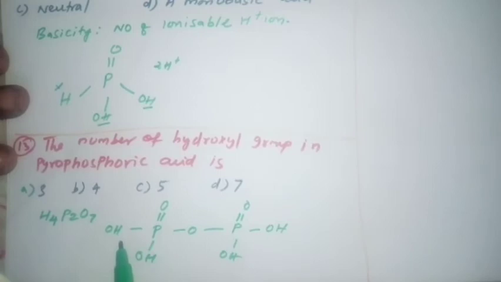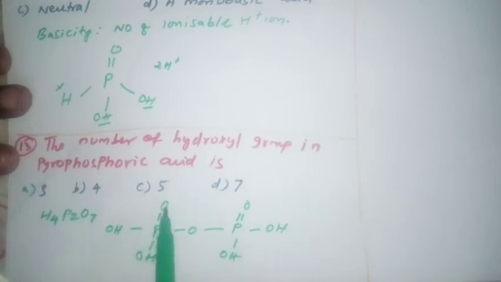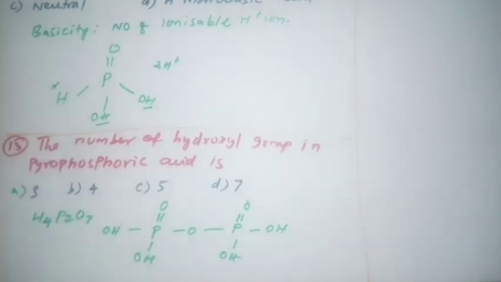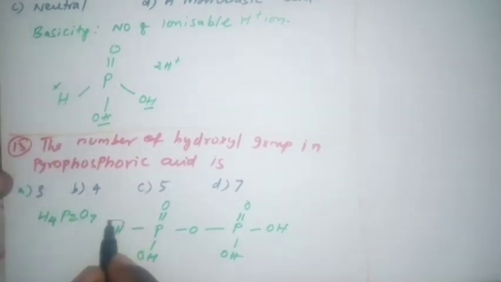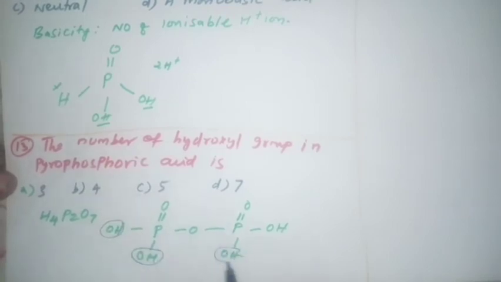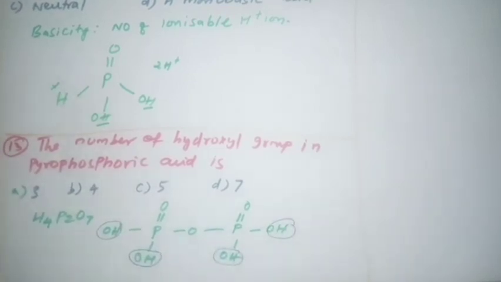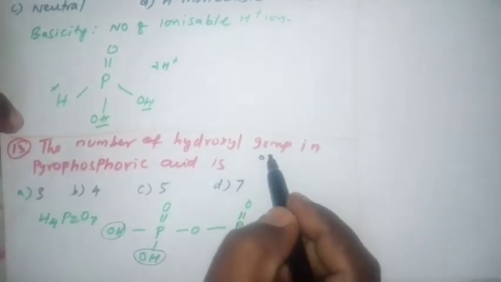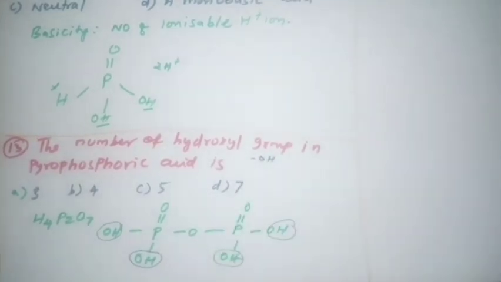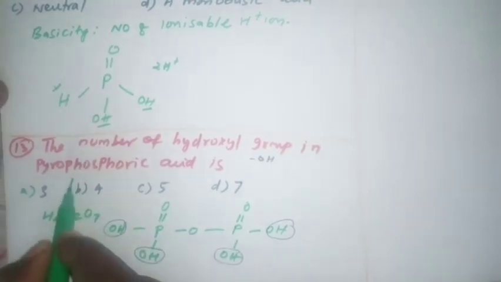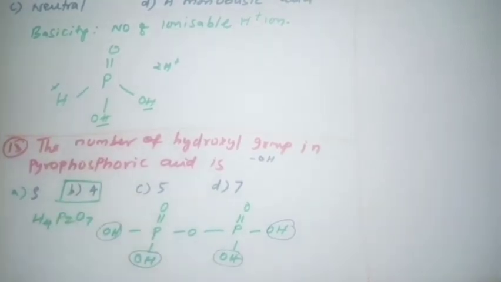So 4 hydrogen atoms, H4P2, and 7 oxygen atoms. The number of hydroxyl groups, that is OH groups, is 4. So option B is the right answer. Clear?